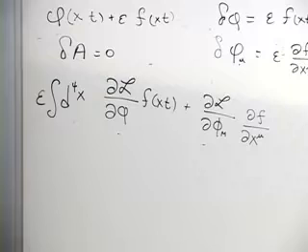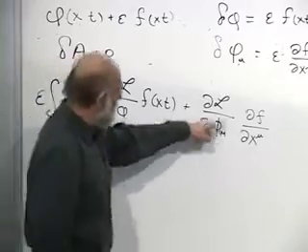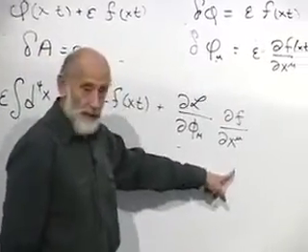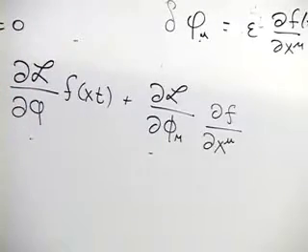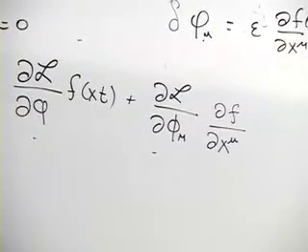I think I have that right. And of course, this stands for a sum over x, y, and z, or x, y, z, and t, all of them. That's it. That's the change in the action.